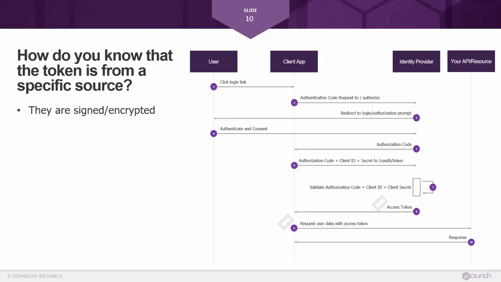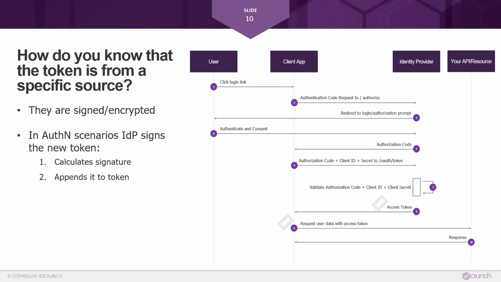Because you know that the guy that signed the token has a private key corresponding to a public key, and the public key was used to verify the token. So you know that the guy is the guy that signed the token. Okay.